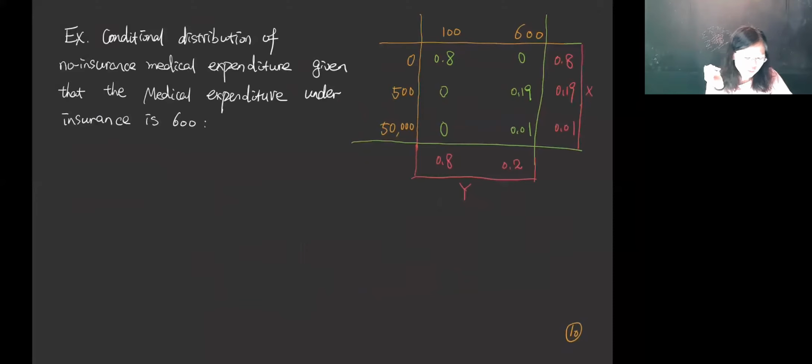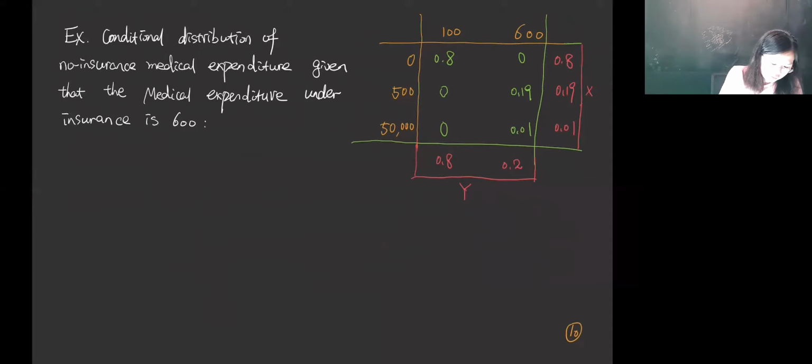Now consider an example, which is the same medical expenditure example we considered in the last video. There are two variables, x and y, and their joint distribution and marginal distribution are described in this two-way table.